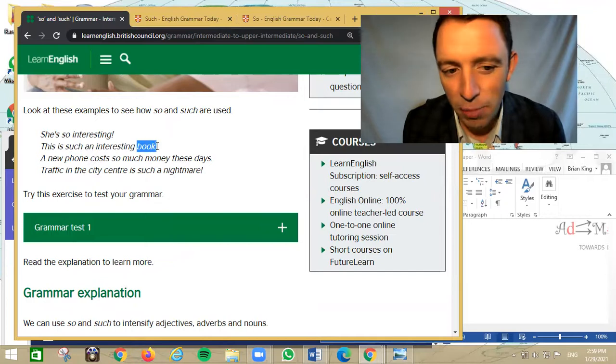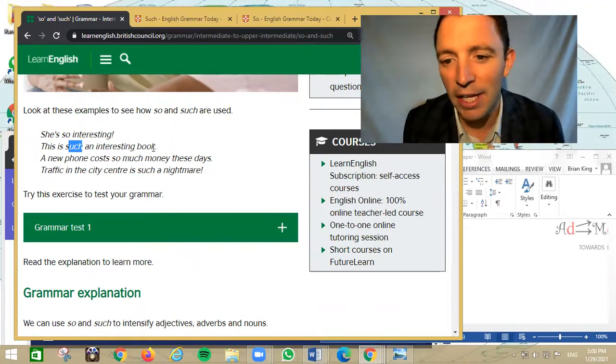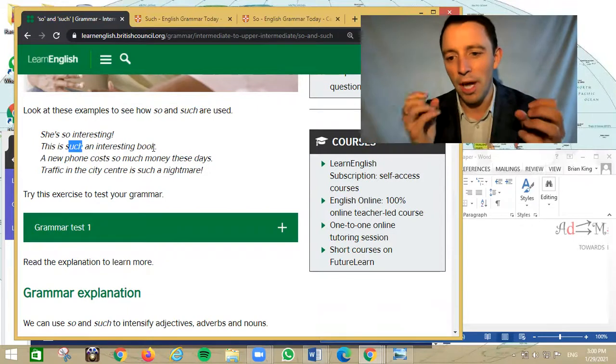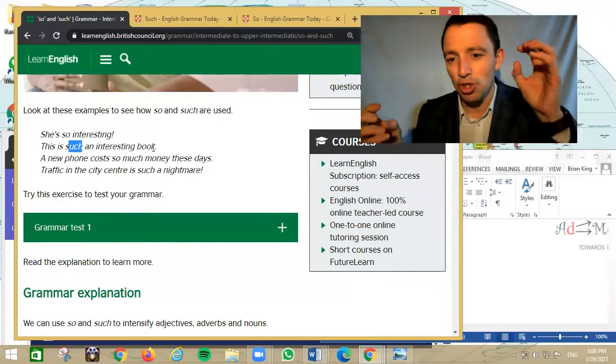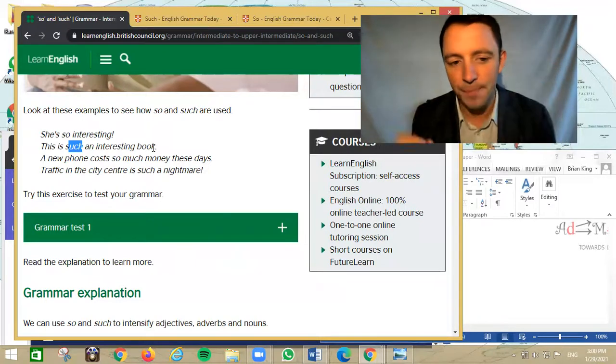Here we have the substantive, the indefinite article, and the adjective. So such is usually connected with the substantive. Such a great day, such a big car, such a hot summer. So such with substantive and so for adjective.